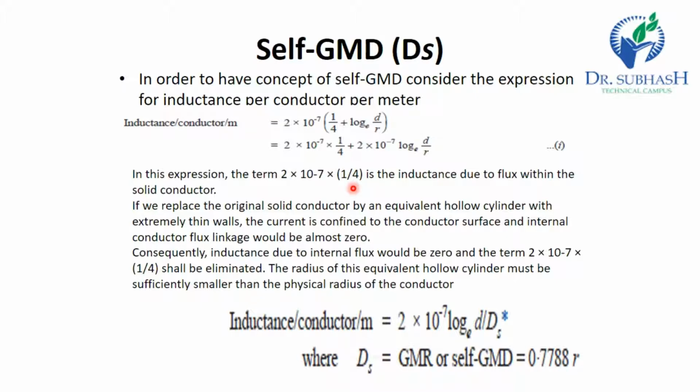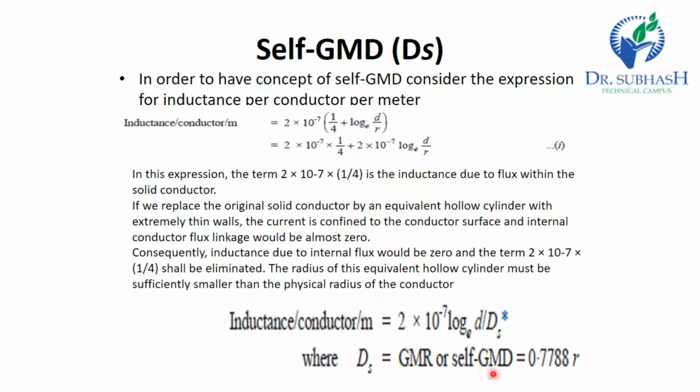The inductance due to internal flux would be zero, and the term 2 into 10 raised to minus 7 into 1 by 4 is eliminated. The radius of the equivalent hollow cylinder must be smaller than the physical radius of the conductor. It can be proved mathematically that for a solid round conductor of radius r, the self GMD is 0.778 r.